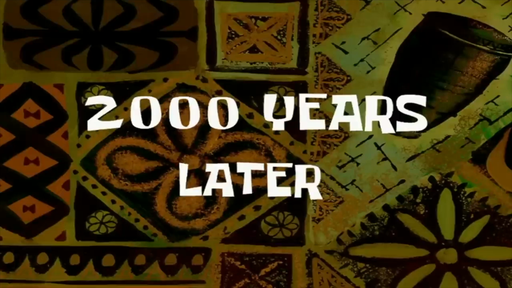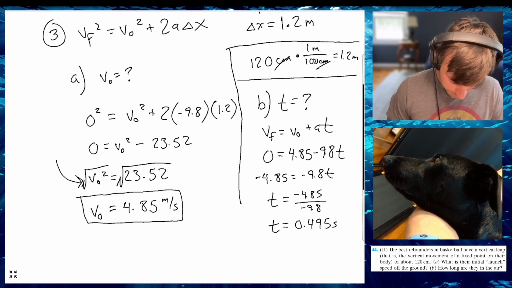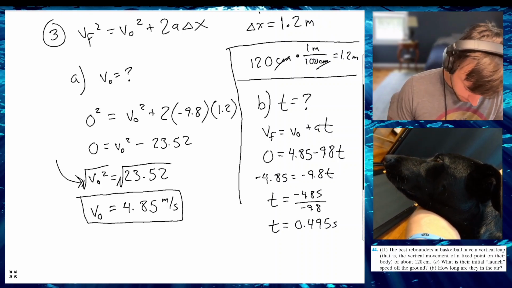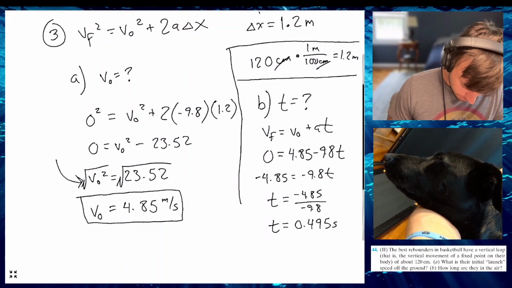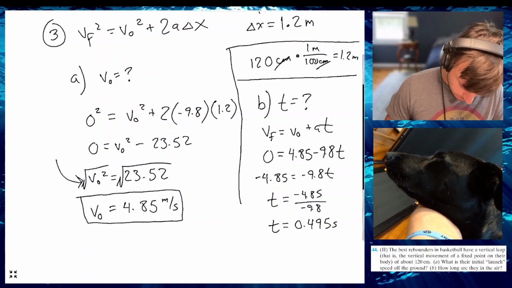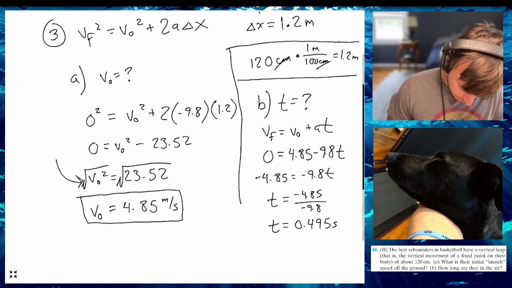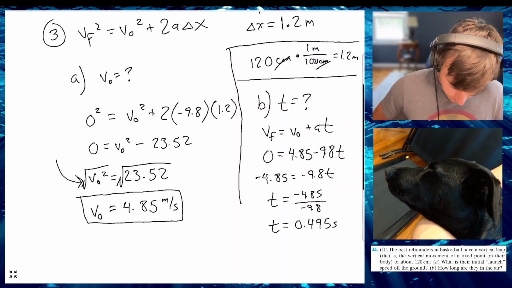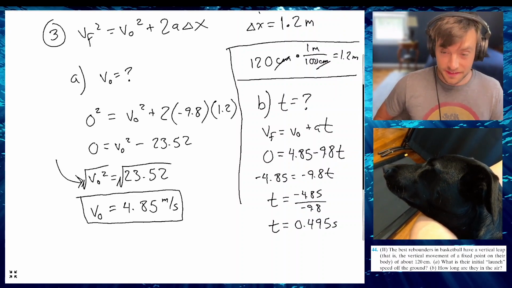And you said we have to double our answer? Yes, once we get the final time, we double it. Because the time that we're actually calculating from this equation is the time it takes to go from the bottom to the top. And we want from the bottom to the top, back to the bottom. So my answer is 0.99 seconds.